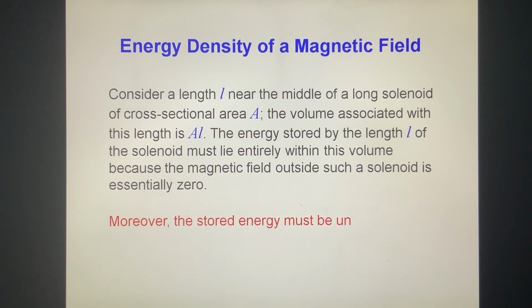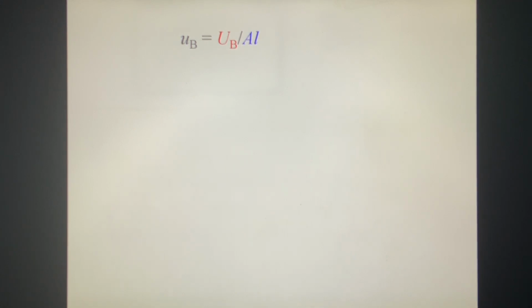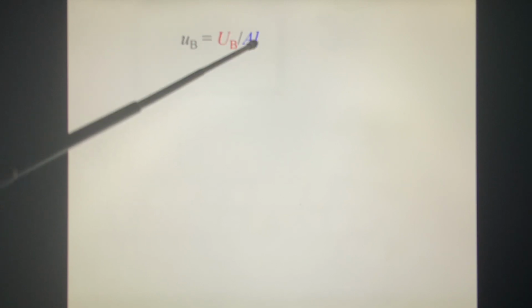Moreover, the stored energy must be uniformly distributed within the solenoid, because the magnetic field is uniform everywhere inside. The energy per unit volume, called the magnetic energy density U_B, equals the total energy stored in the solenoid divided by its volume.